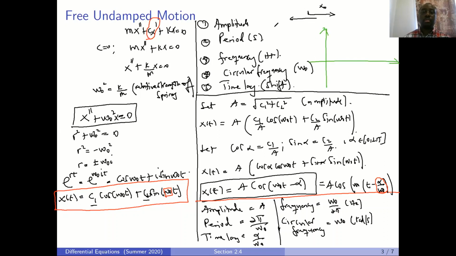So the cosine originally should have started from 0, so cosine of 0 should be 1, but because this has been shifted by alpha over w0, instead of having 1 here, we may have 1 after a while here. Right. And so we could have this function behaving something like that.